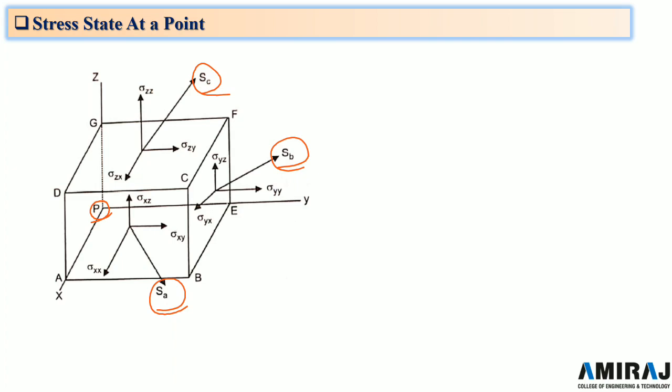When the sides of the cubical element are reduced to 0, the three faces of the cube would pass through the point.